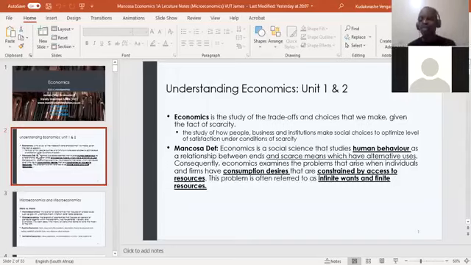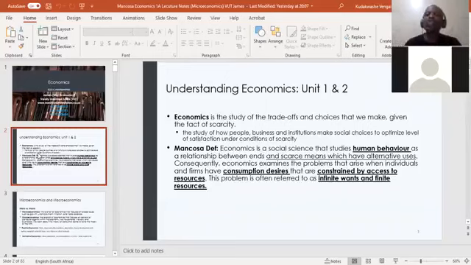In other words, we can say also that economics is the study of human behavior, because a choice is human behavior. Some refer to it as a social science, because there are natural sciences and there are social sciences. Natural sciences are your physics, your experiments that you do, but social sciences refer to the study of human behavior.